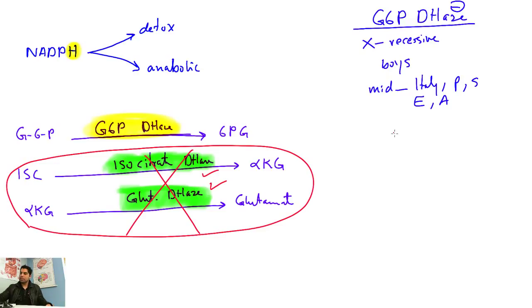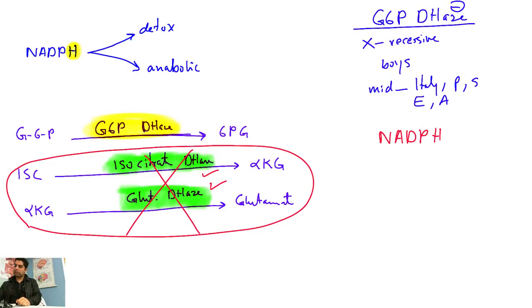So in RBCs, there is lack of NADPH. Other cells will not have this problem. Only RBCs would. Now guess what? If RBCs are unable to produce NADPH, who cares? The only thing is they cannot prevent free radical damage.